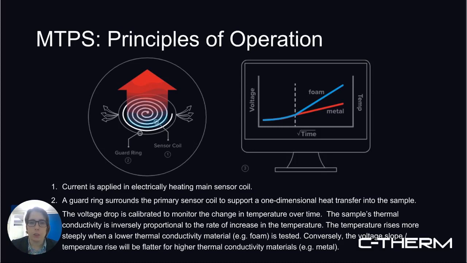Therefore, by monitoring the voltage as a function of time, we can look at the sensor temperature as a function of time and then analyze that data to get at the thermal properties of the material. Of all of the methods that we're going to be highlighting today, this is the easiest to operate because all of the data analysis is fully automated in the software.